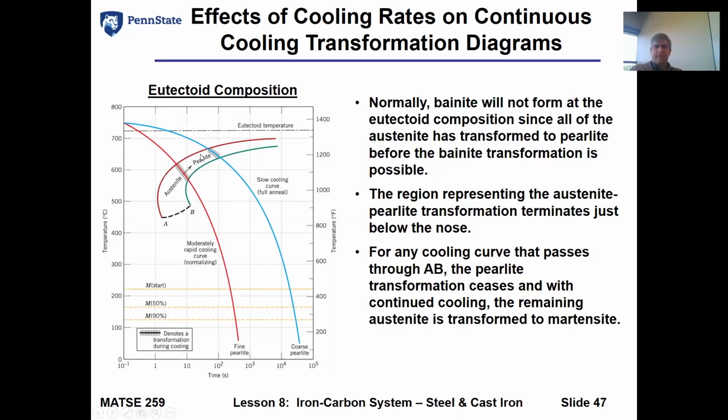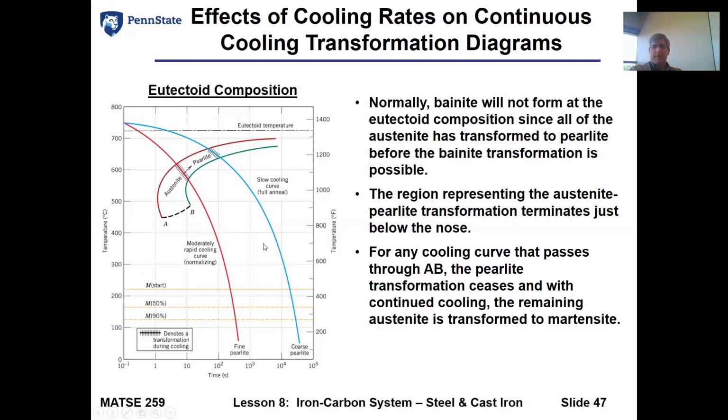We don't have a 50% line here because it's going to be a little tougher to pick up the actual amounts. But with these compositions and these different cooling rates, we see these different ways of looking at it. So with the continuous cooling transformation, we have to add in these types of curves, and we look from slow cooling to rapid cooling, in this case going from a coarse pearlite to a fine pearlite.